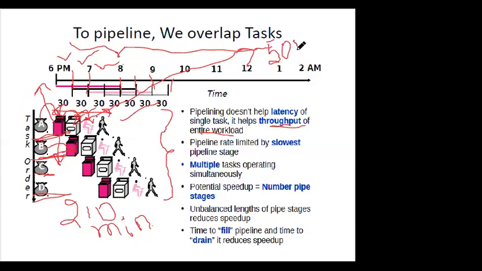Then drying is the slow part of the process. Until the dryer completes the task, A will not be forwarded to folding, and B cannot be processed to the dryer. So A has to wait until the dryer is ready to receive the clothes. The time for which it has to wait is known as stalling of the pipeline.